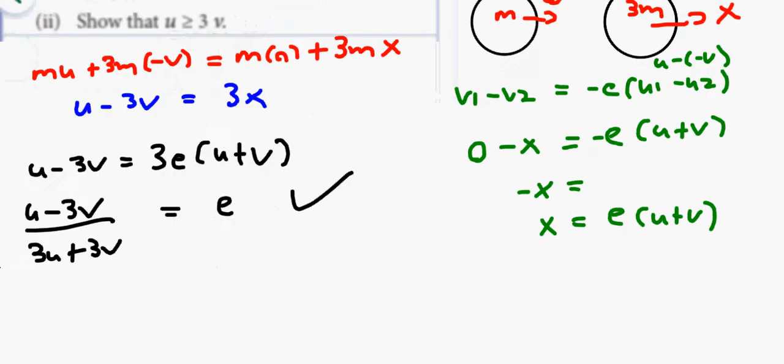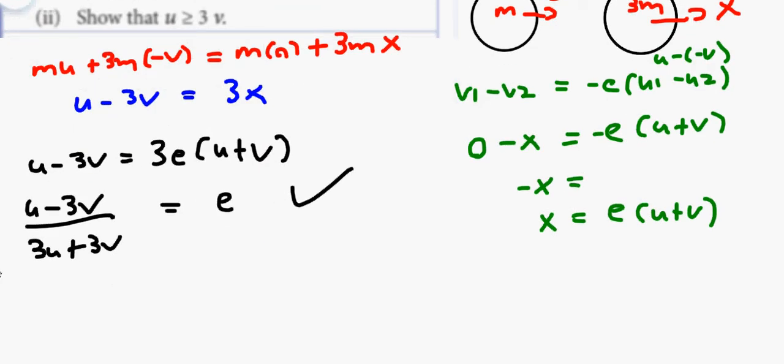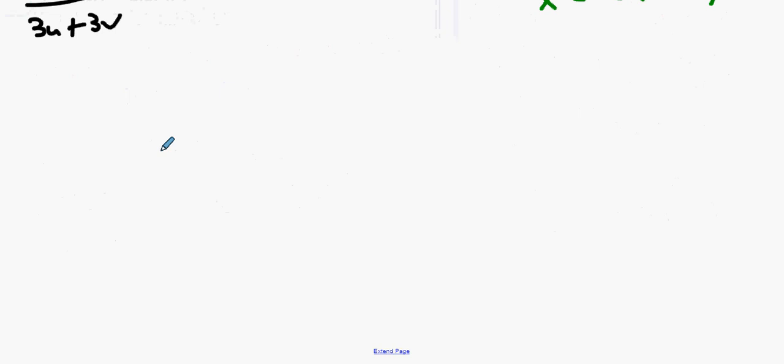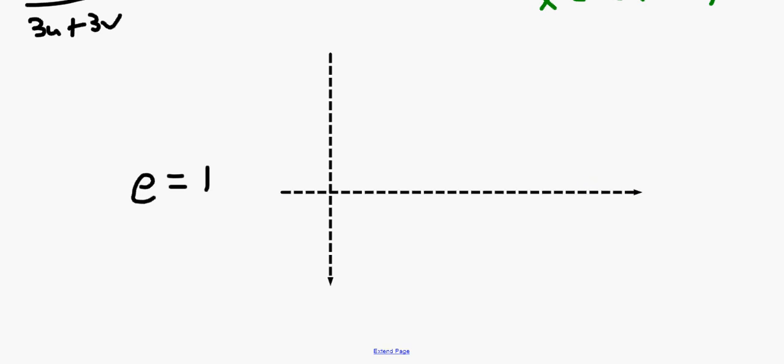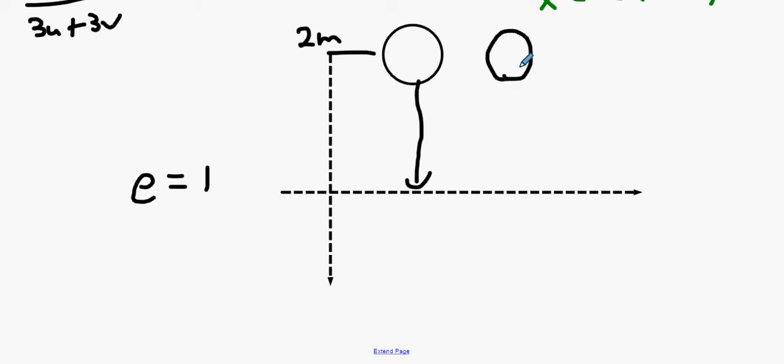If you had an e value of 1, what would happen if I dropped the ball from 2 meters high? Perfect bounce every time. Technically, you could almost have infinite energy or something like that.